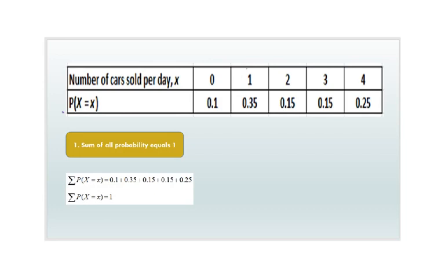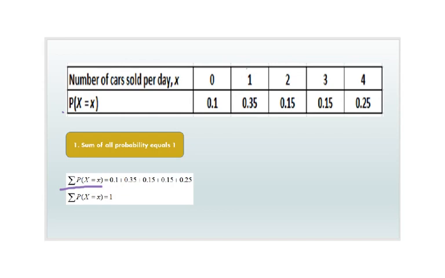So we know that in the table, we already been given probability, which is the value of P. So if we are having probability distribution, if we add all the probability value, it should be equals to 1. So we have the formula here, which is the sum of probability is equals to 1.